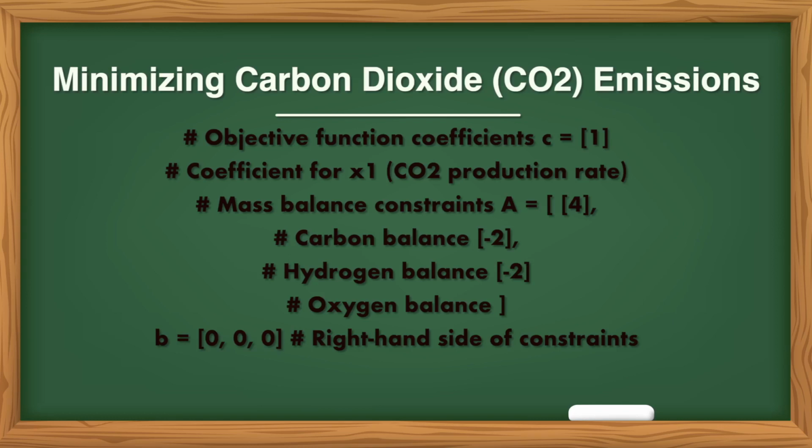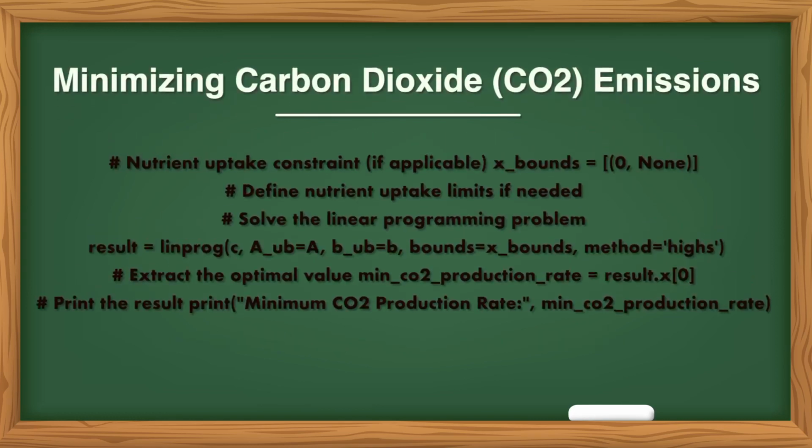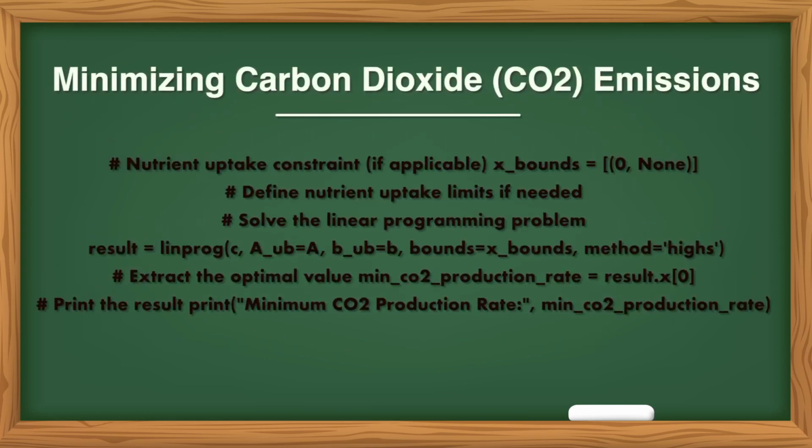You will also have to formulate the objective function, that is maximization of x1, and you need to formulate the constraints. In this case, similar to the previous one, the carbon, hydrogen and oxygen balances, and the nutrient uptake rate if it is applicable in your case. But we all know that in a microbial setup we utilize glucose most of the time.